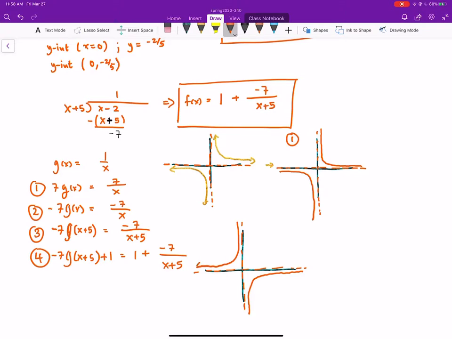And that way. So this is 2. And then it was shifted to the left by 5. So when I draw the next one, I'm going 1, 2, 3, 4, 5.